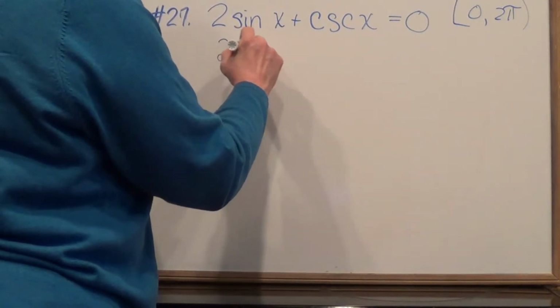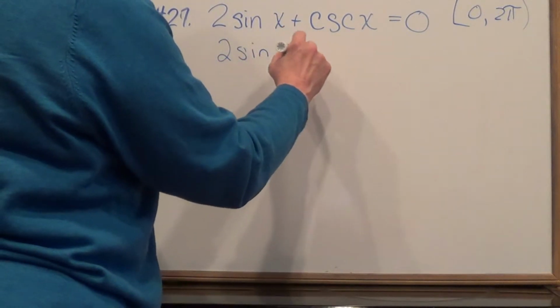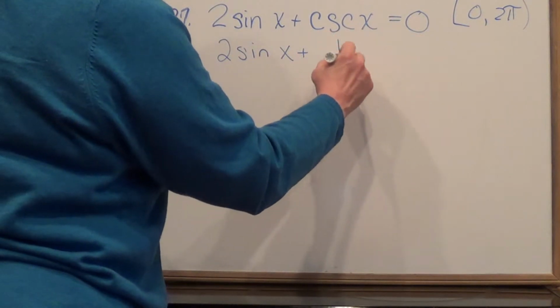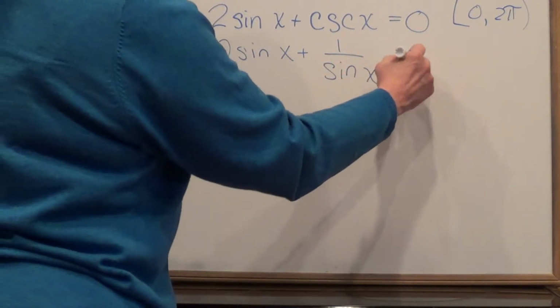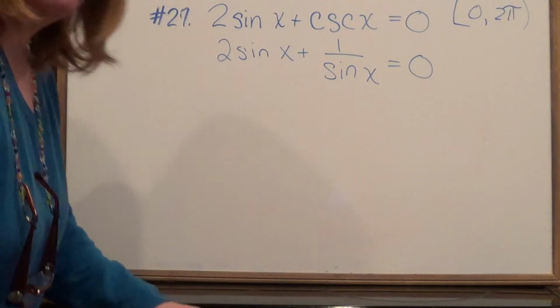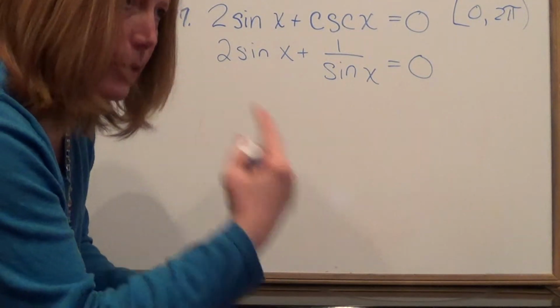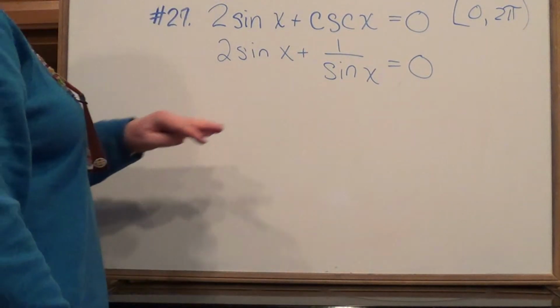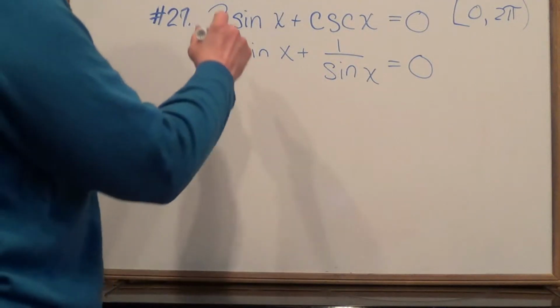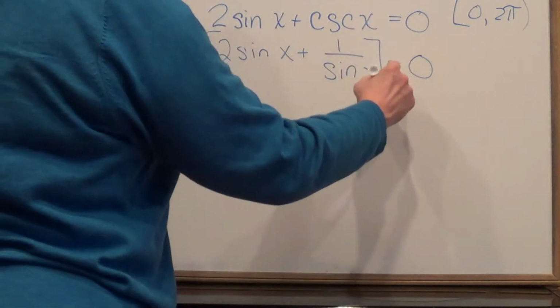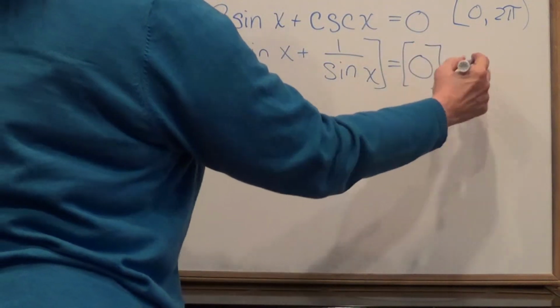The easiest thing to do is to change cosecant into its reciprocal function, sine, like that. Now, again, the mathematical sense comes out, and I don't want any denominators, so I multiply by sine x.